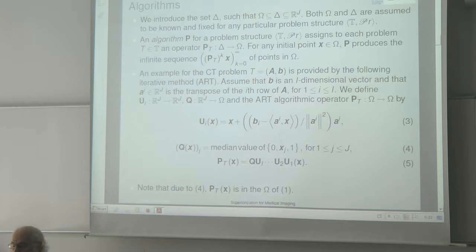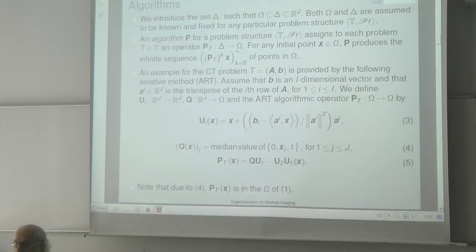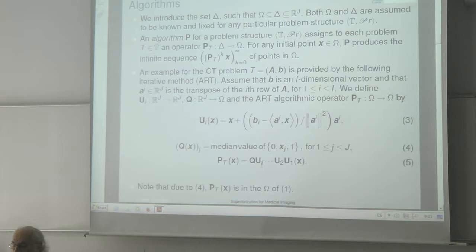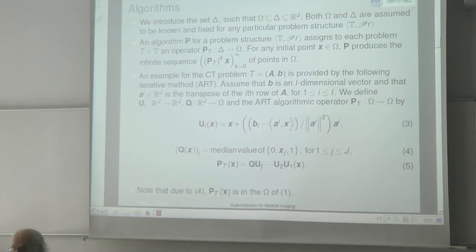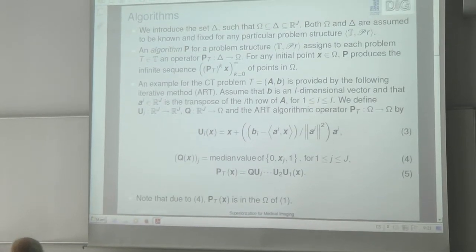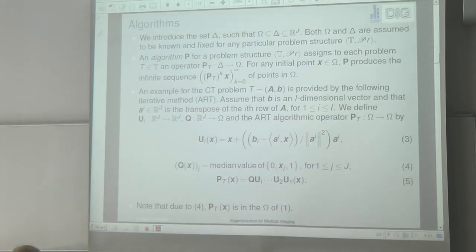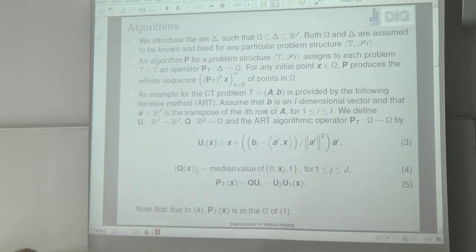What you do is you try to satisfy these individual equations one by one, the first one, second one, until the last one, and this formula says how to do that.